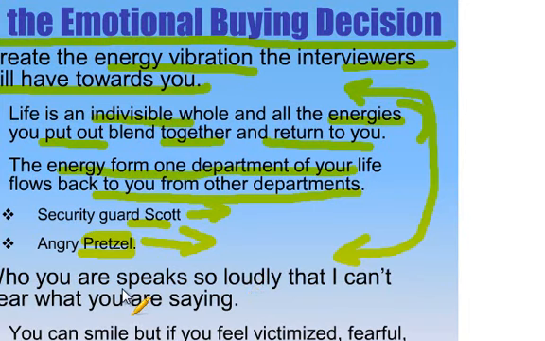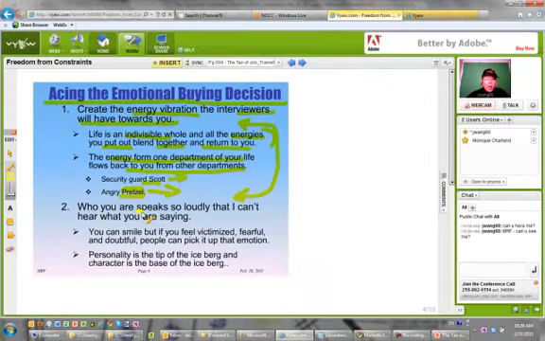Okay. Thank you. Who you are speaks so loudly that I can't hear what you are saying. You know, I can smile all I want, but if I'm basically, what should I say, an angry, bitter, victimized person, it comes across.